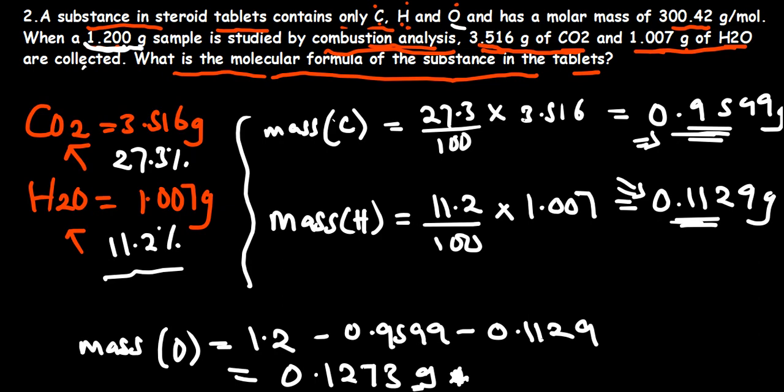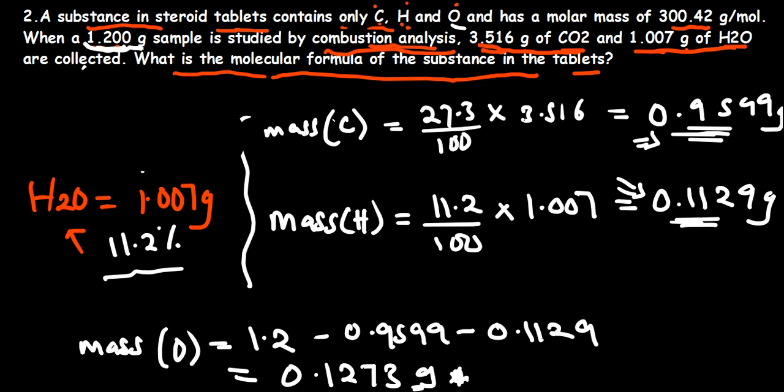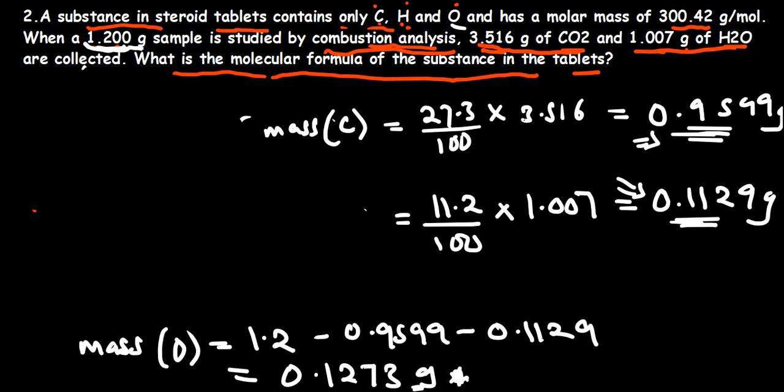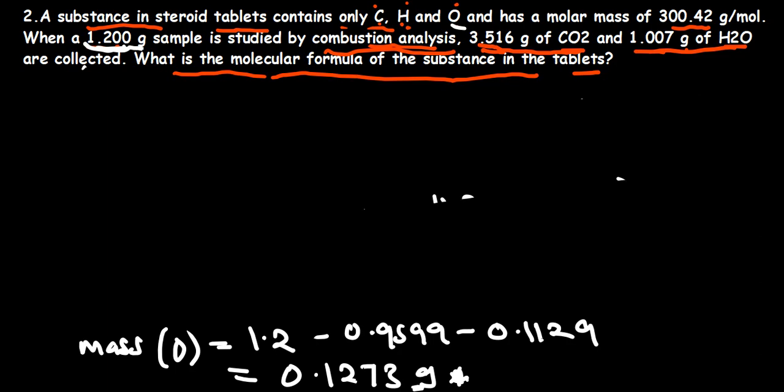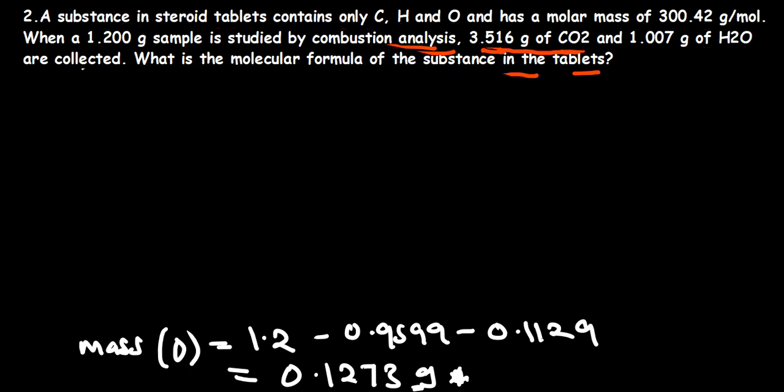So now from the combustion analysis, we have been able to find the mass of carbon, hydrogen, and oxygen. Now we just follow those simple steps in order to find the empirical formula. The steps are always the same.